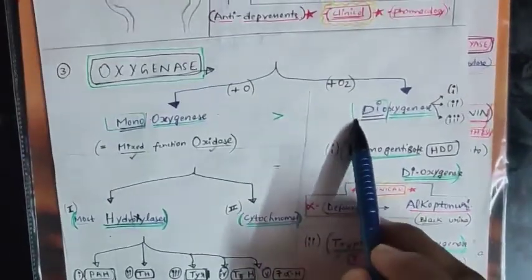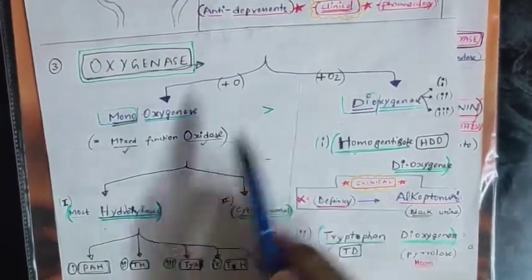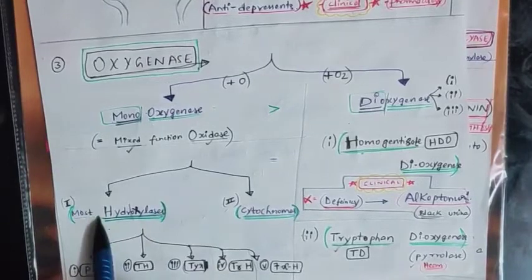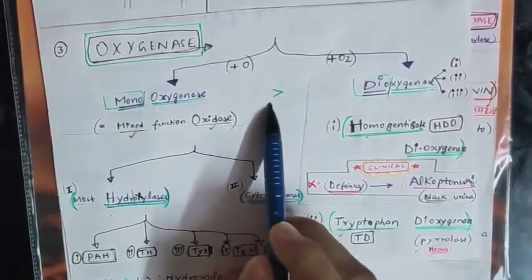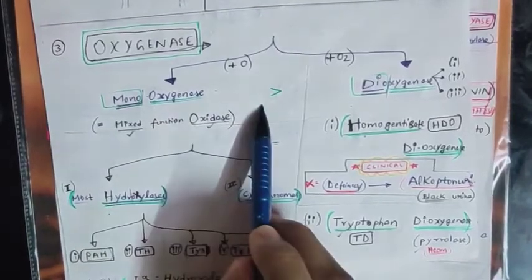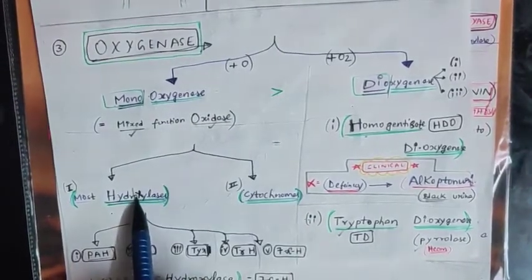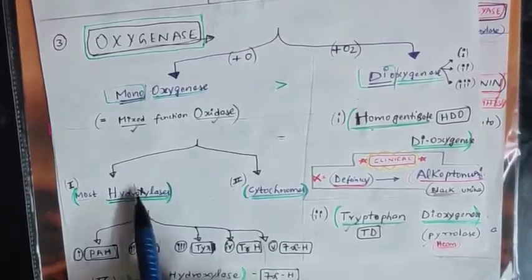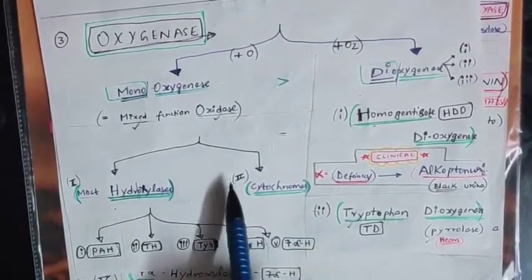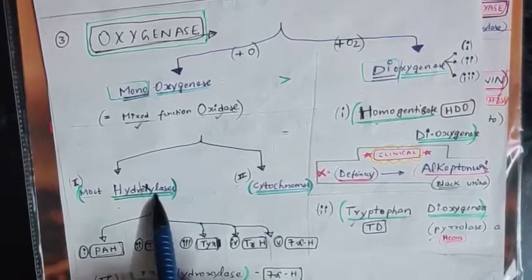Coming to dioxygenase. Okay, this is two atoms of oxygen. In monooxygenase we have hydroxylases and cytochromes. This indicates that monooxygenases are more common here. In monooxygenase we have hydroxylases and cytochromes, and mostly we have hydroxylases.